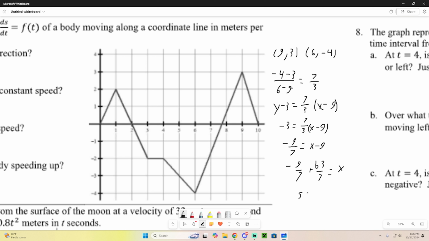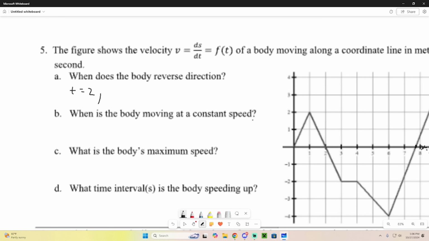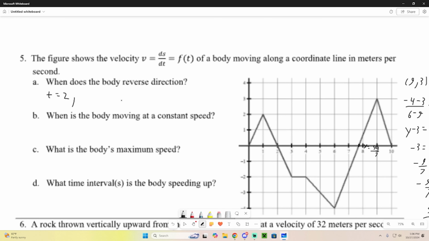So that's 54/7 equals x. We can tell that's true because 7 goes into 54 about 7 and a few more times. So this x value right here is x equals 54 over 7. So now let's go back here. It also reverses directions at t equals 54 over 7.